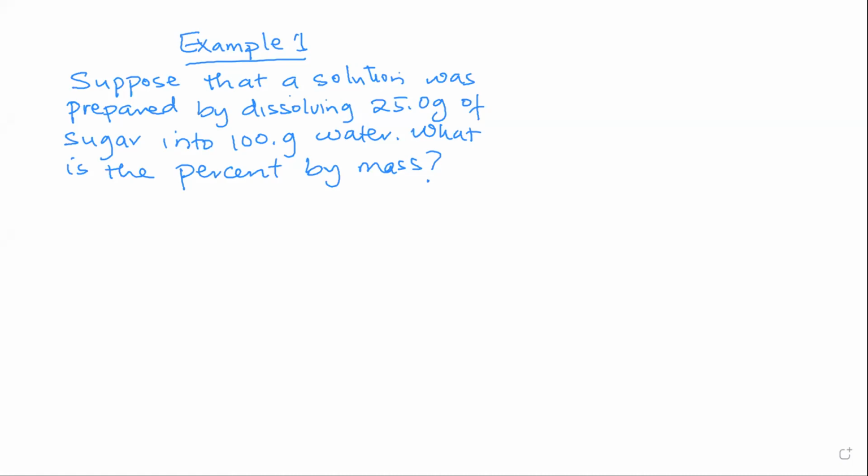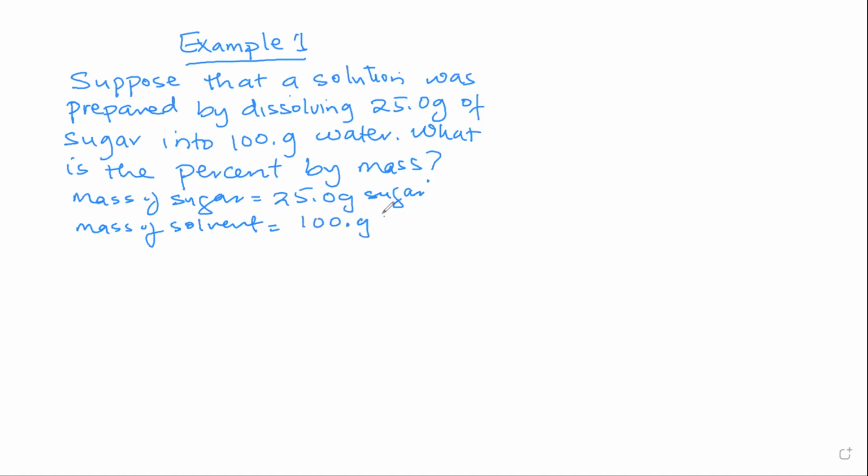The first thing is to analyze the problem. What do you know? We know the mass of sugar, which is the solute, is 25.0 grams. Then we know the mass of solvent, the mass of water, that is 100 grams of water.